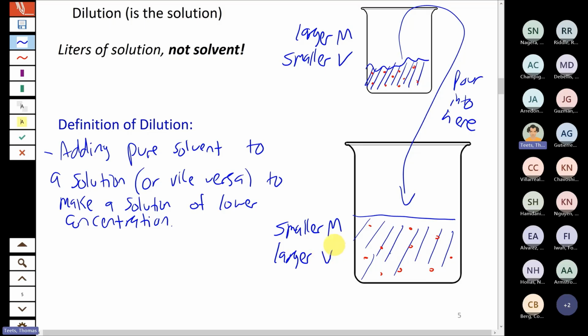You didn't change the number of solutes that you have, but now they're dissolved in a larger volume. That's the key point about dilution, understanding the quantitative aspects of it especially, is that the moles of solute stay the same before and after dilution. So dilution doesn't create or destroy anything. You're not doing chemistry, you're just changing the concentration of the solution.